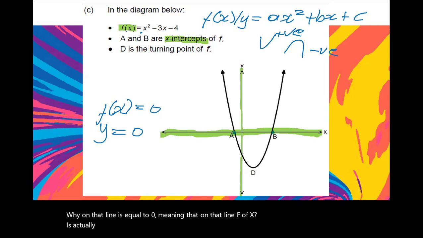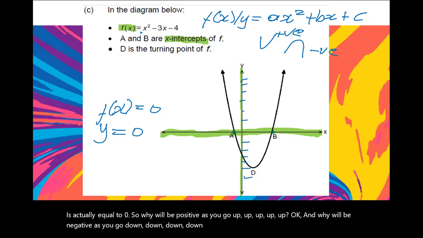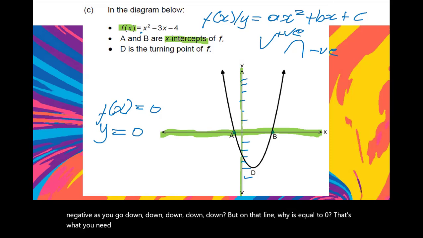So y will be positive as you go up, and y will be negative as you go down. But on that line, y is equal to 0. That's what you need to understand about the x-intercepts.